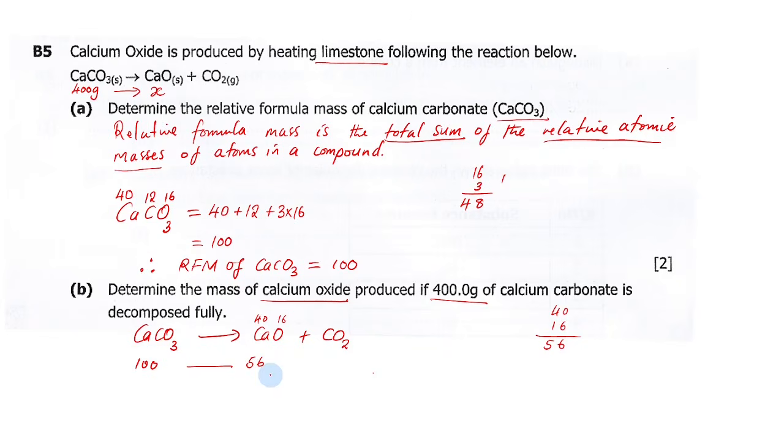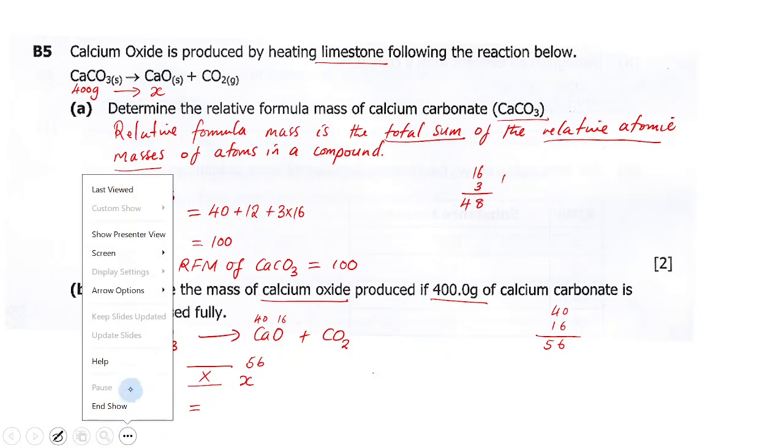Now if someone comes and says we have given you 400 grams of calcium carbonate, how much calcium oxide is it going to produce? You put X, as simple as that. Then you cross multiply. So 100 times X gives 100X equals 400 times 56.